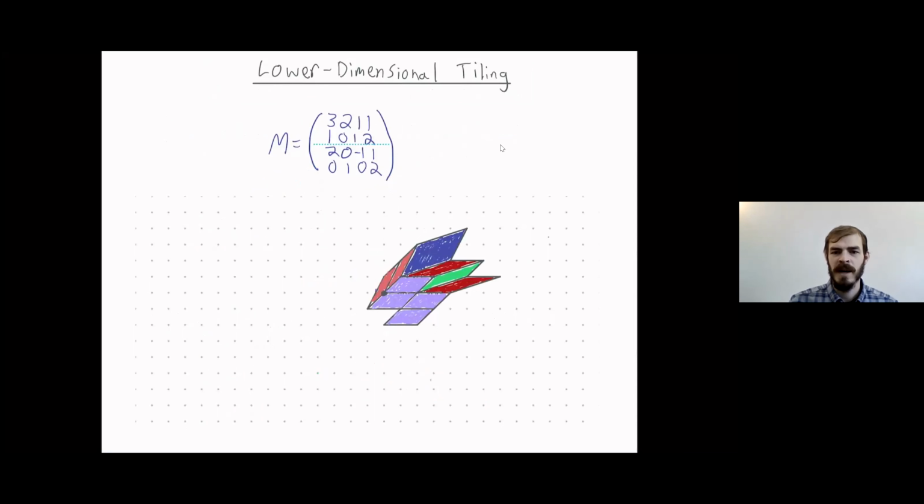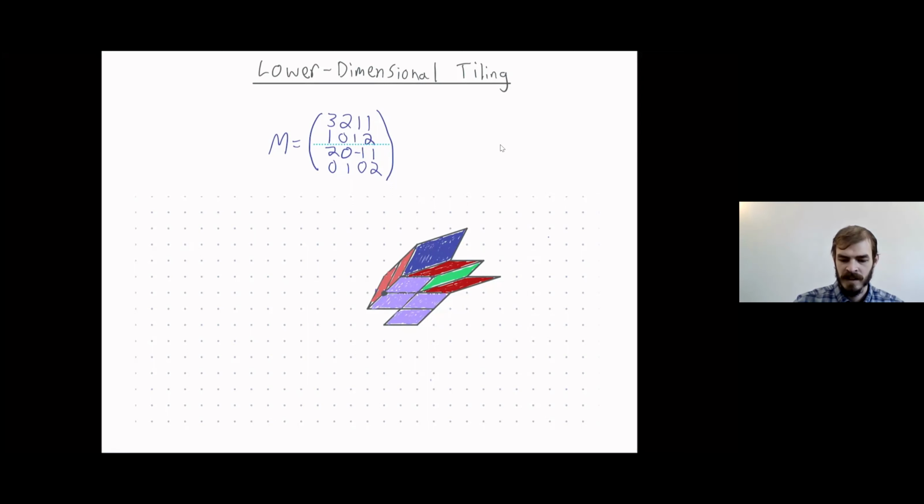I also want to talk about a lower dimensional tiling result. This is the matrix from before that we couldn't actually draw the tile for because it was in 4-dimensional space. But you can actually take the number of rows in K1 or the number of rows in K2 and project down to that size. What happens is the top part of your matrix is going to give you the vectors that make up your parallelograms, and the bottom part, the determinant, is going to tell you how many there are. There's some more complicated stuff involved in exactly how the construction works.